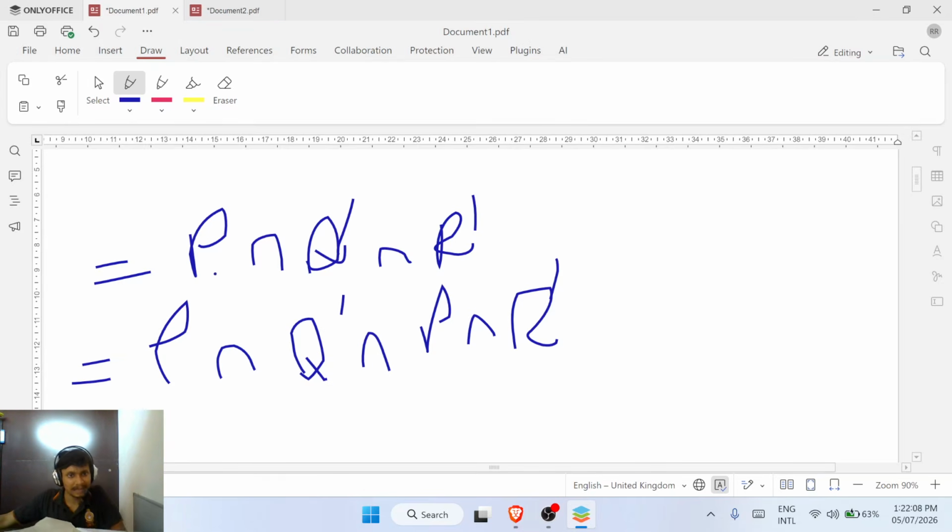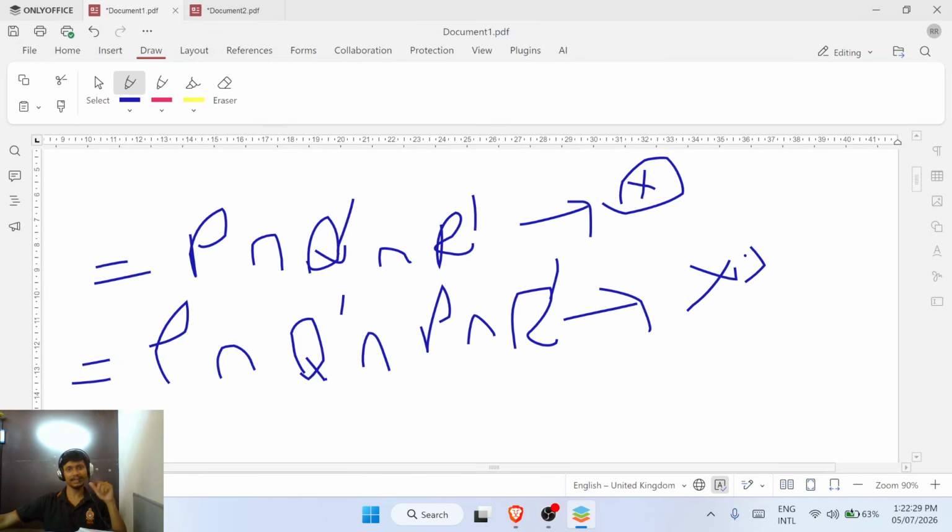For example, this P intersect Q dash intersect R dash is, say, x. What is the result of P intersect Q dash intersect P intersect R dash? There is no change. Here also the final result will be x, because 1 into 1 is 1. Therefore, if we add another intersection of P to P intersect Q dash, the final result will not change, like 1 into 1 into 1 is 1.